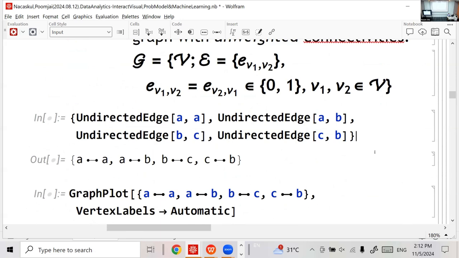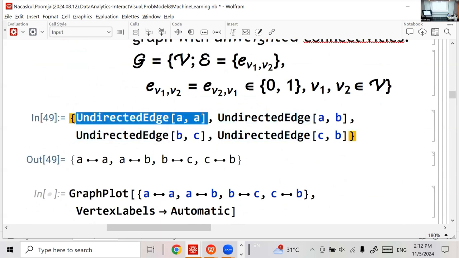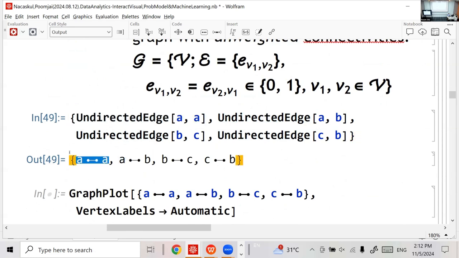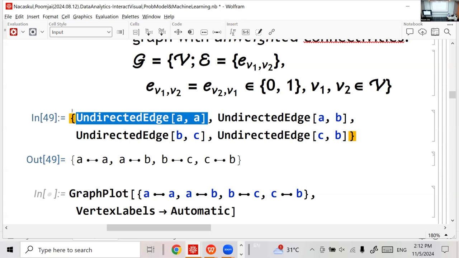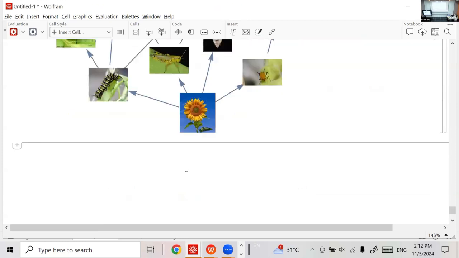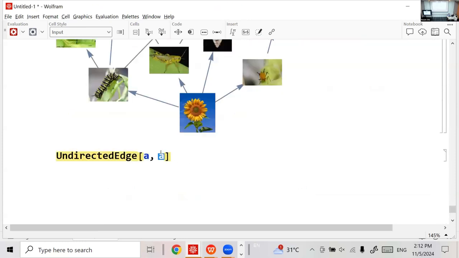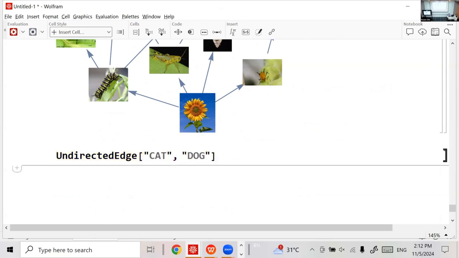And you're going to get exactly this. So this is undirected A to A. Now, if I wrote down, let's make it cat to dog, I get this, right?